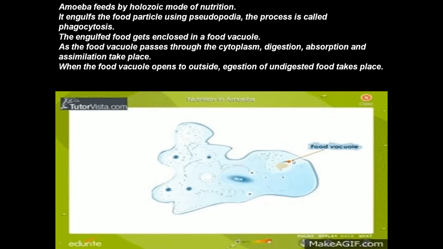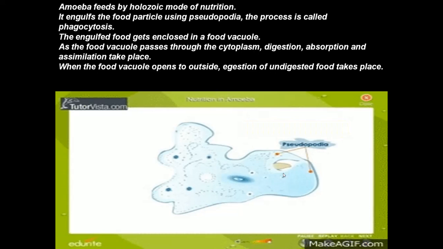Such a process of engulfing the food as a whole by producing false feet is called phagocytosis. Here, the engulfed food particle gets enclosed in a food vacuole. As you can observe here, it is producing a food vacuole and the food particle is taken inside the food vacuole. Then inside the food vacuole, the enzymes are produced.